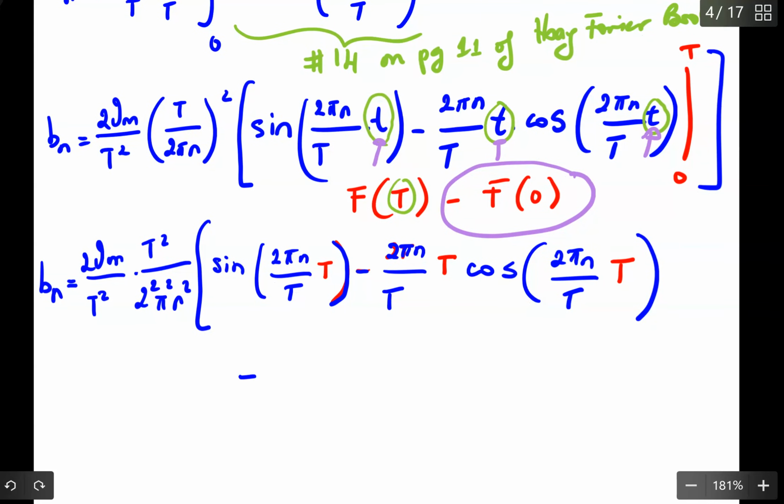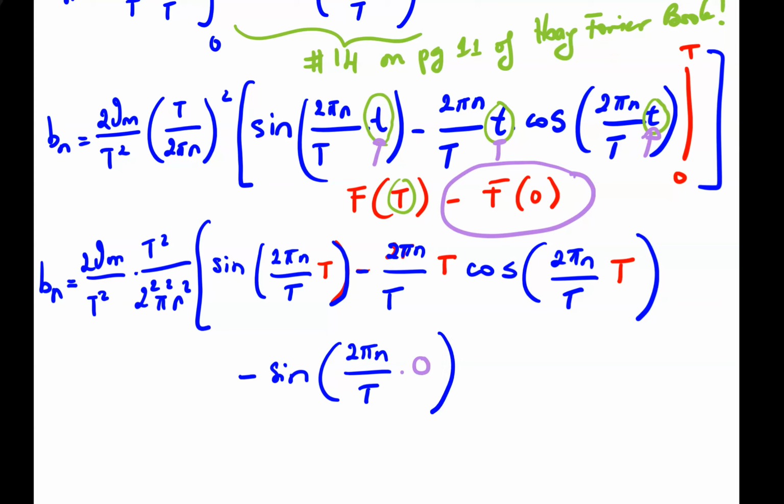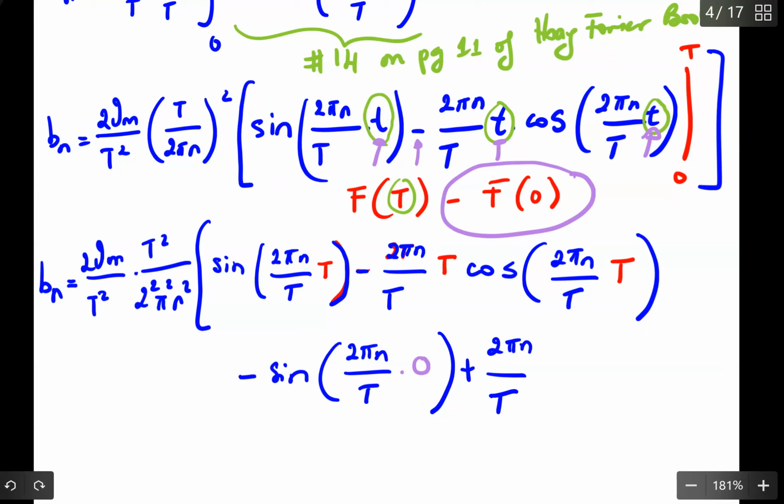So that means subtract sine of 2 pi n over T. Now it will turn into a 0, right? And then you are going to subtract with this part. Let me show you. You subtract this, but you subtract a negative value, so this should turn into a plus. So plus 2 pi n over T, now this will turn into a 0, and then cos of 2 pi n over T, and this turns into a 0, and then we close the bracket.